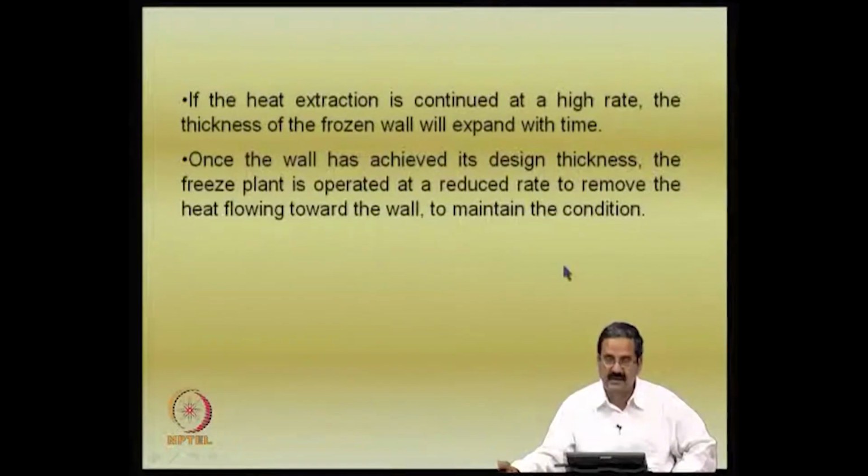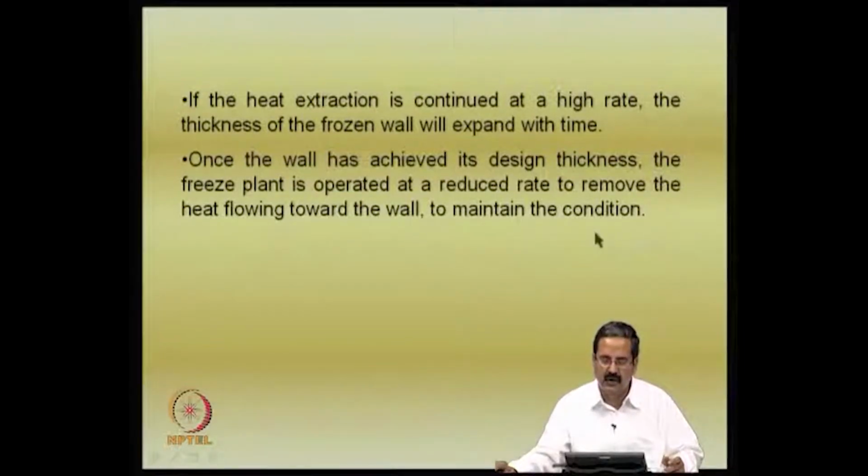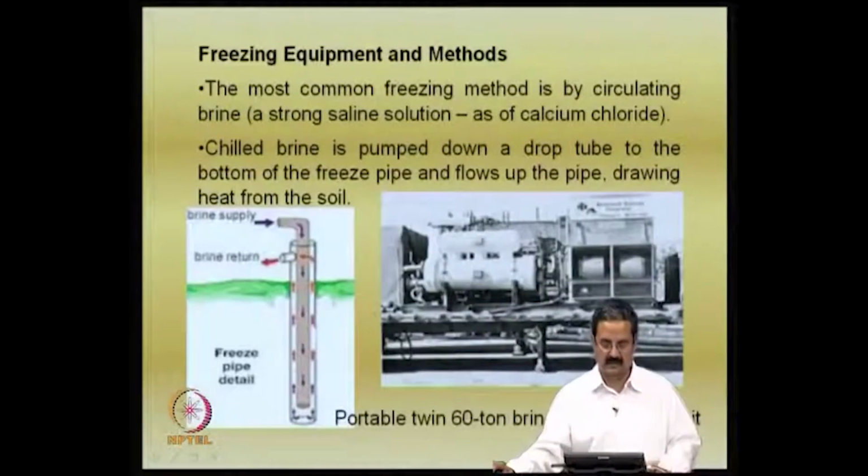As I just mentioned, it is similar to a fridge: once it reaches the actual temperature that you wanted, subsequently you need only the power to see that the same temperature is maintained. The most common freezing method is by circulating a brine, a strong saline solution like calcium chloride.